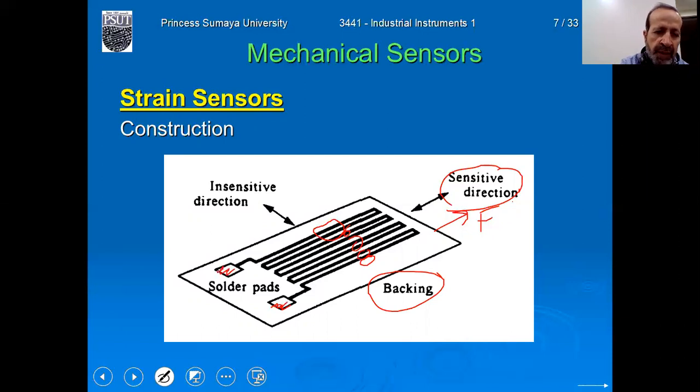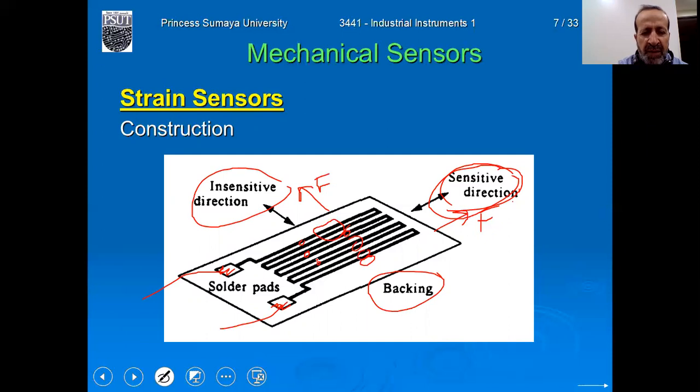You need to connect external wires, for example, and we will see how to connect this in a Wheatstone bridge as a signal conditioning circuit. So this direction is the sensitive direction. This direction is insensitive. If you apply force in this direction, it will not be sensitive, because you are only changing the diameter here, and this is very small.